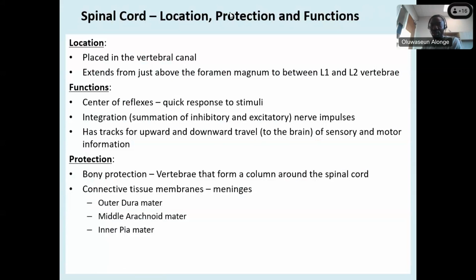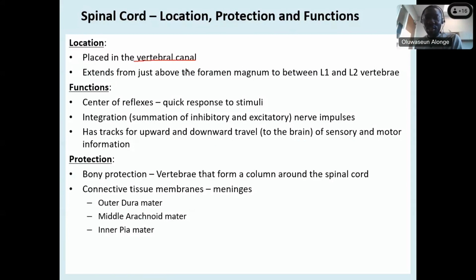Now, here is, let me open my annotations. All right, so the spinal cord, you see it in the vertebral canal, and the vertebral canal is formed by the vertebral foramen that is between the vertebral bones. You remember every vertebral bone has a vertebral foramen, all of them.